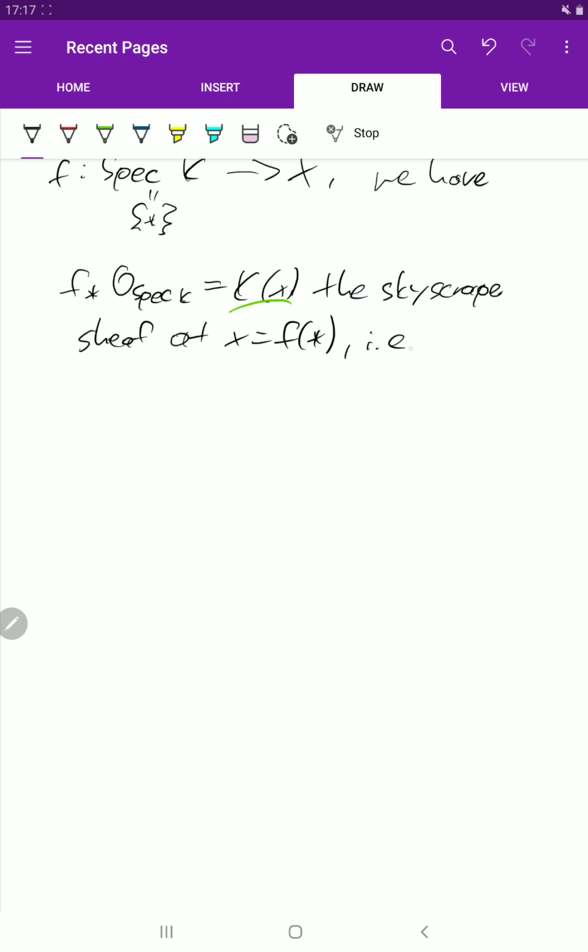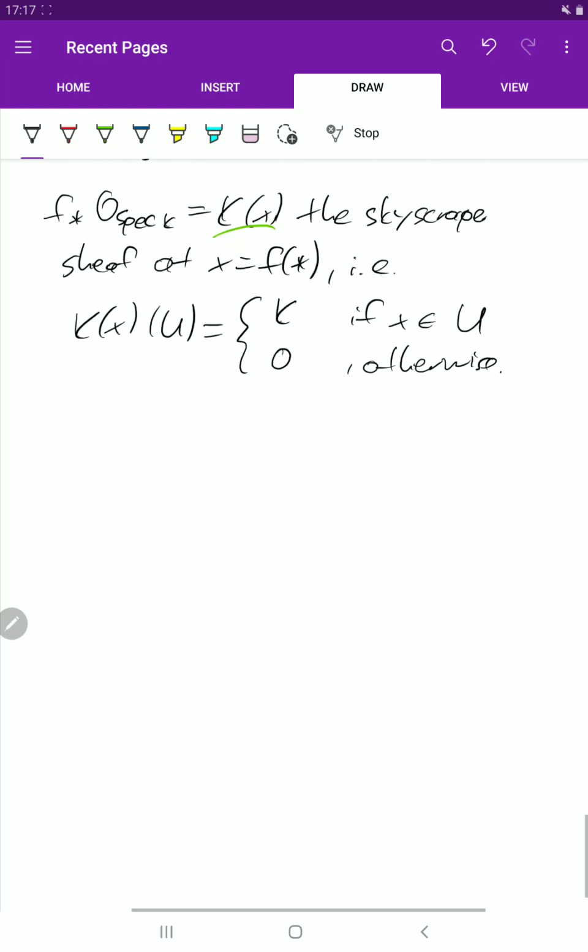And if you don't know or have forgotten what a skyscraper sheaf is, if we plug in an open set U, then we get K if x is in U, and 0 if it's not in U. Okay, so that's the first observation.